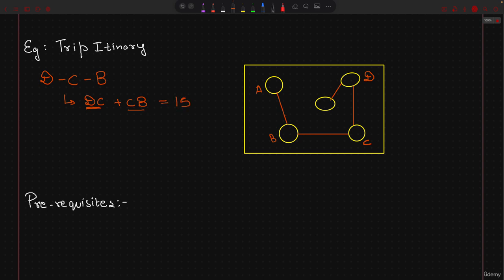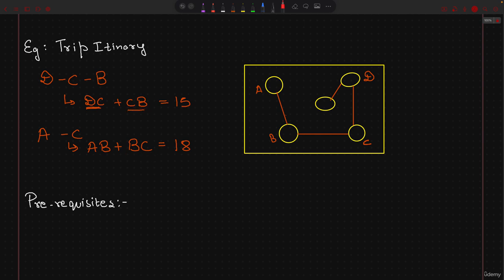Tomorrow, again, let's say you have to go from A to C. The path you're going to take is AB plus BC. Again, you will go on the internet and find the distance, let's say 18.